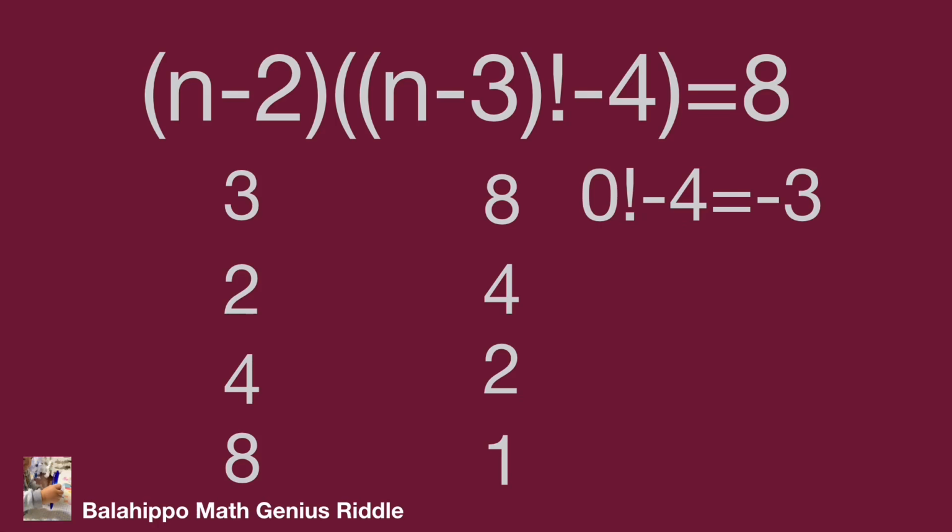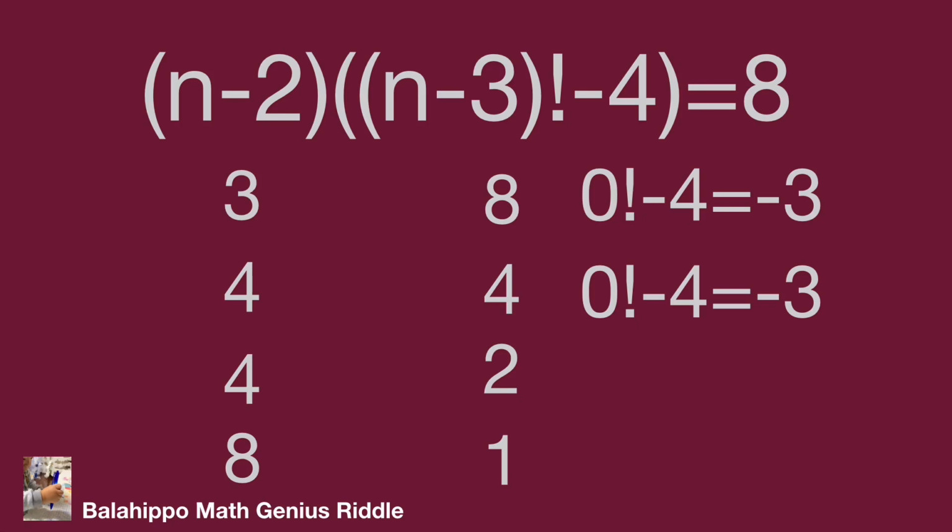When n−2 equals 2, we get n equals 4. Calculate (n−3)! − 4 with n equals 4: (4−3)! − 4 equals 1 − 4 equals −3. Not equal to 4, so it is not the answer.